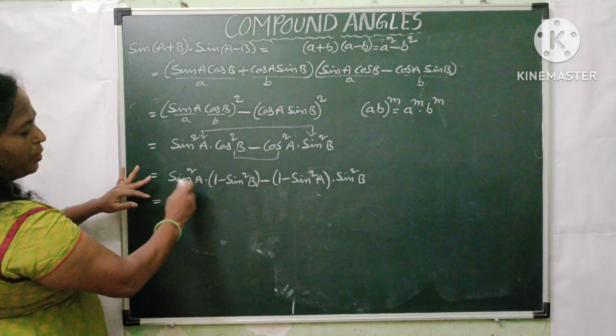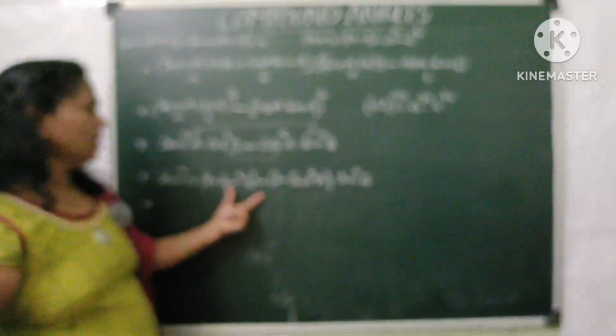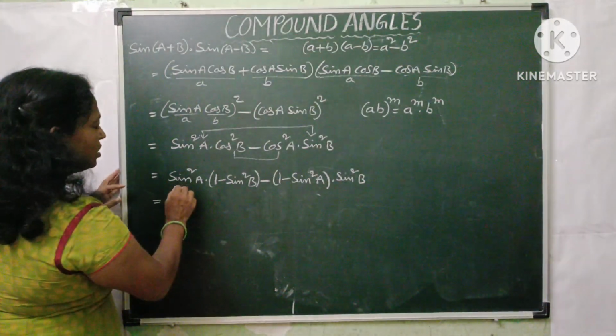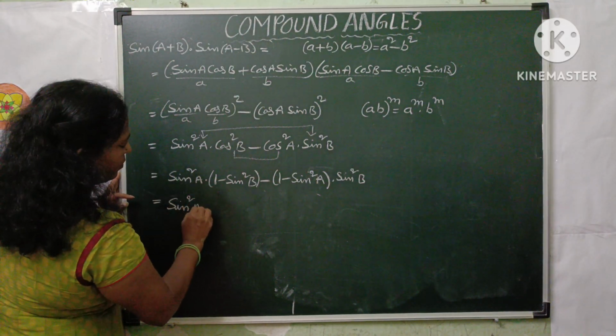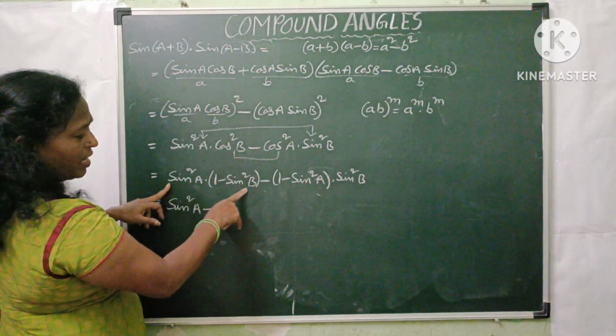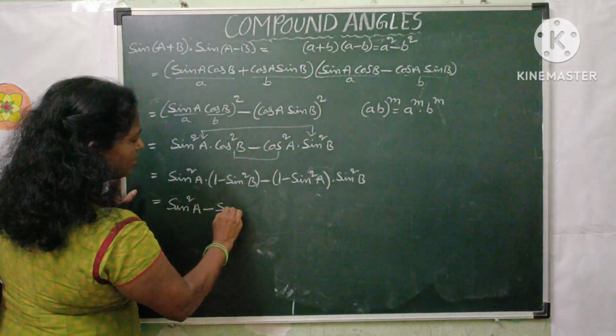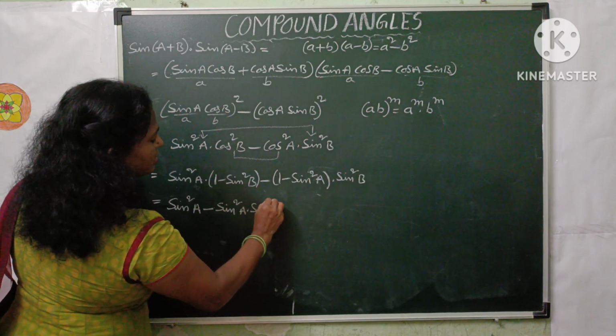Now multiply. Sin square a we have to multiply with (1 minus sin square b). So sin square a into 1 is sin square a, minus sin square a into sin square b.